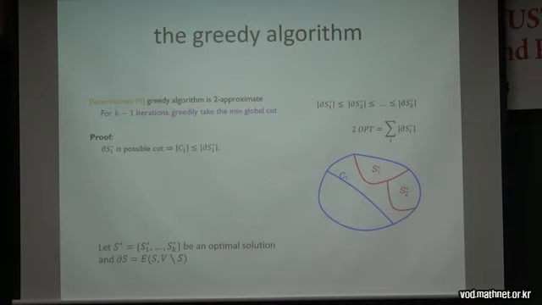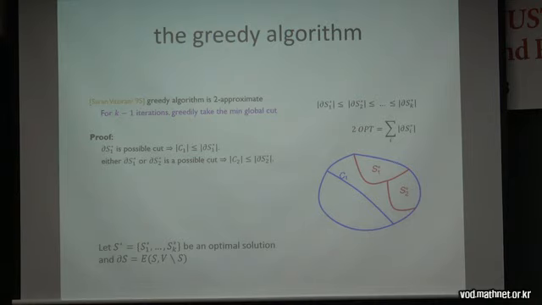Suppose that we drew this cut, which is different from S1 star. It's slightly more confusing in the second iteration, but I'm going to claim that even in the second iteration, either the boundary of S1 star or the boundary of S2 star is a possible cut that increases the number of connected components by 1. Because let's look at this stage. If at least one of the edges in the boundary of S1 star remains in the current graph, then deleting the boundary of S1 star is going to increase the number of connected components by 1.